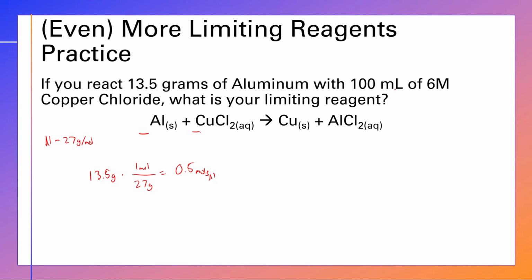For copper chloride, we're using a 6 molar solution, which means we have 6 moles per 1 liter. But we're given 100 milliliters, so we need to convert that to liters first.